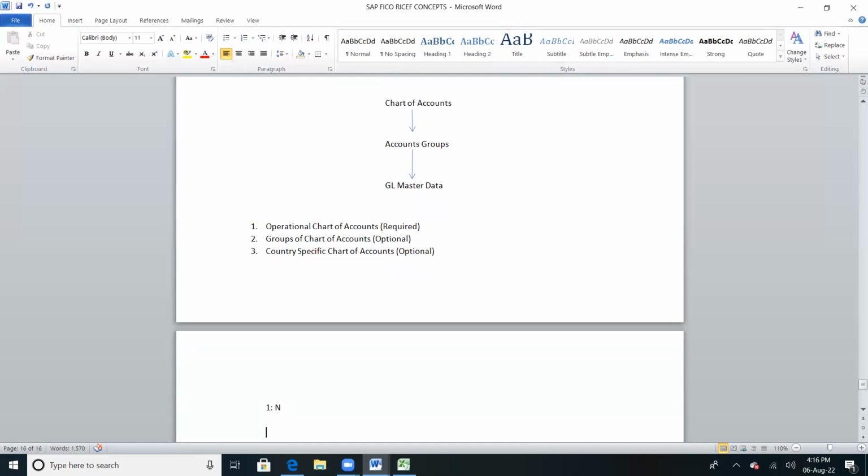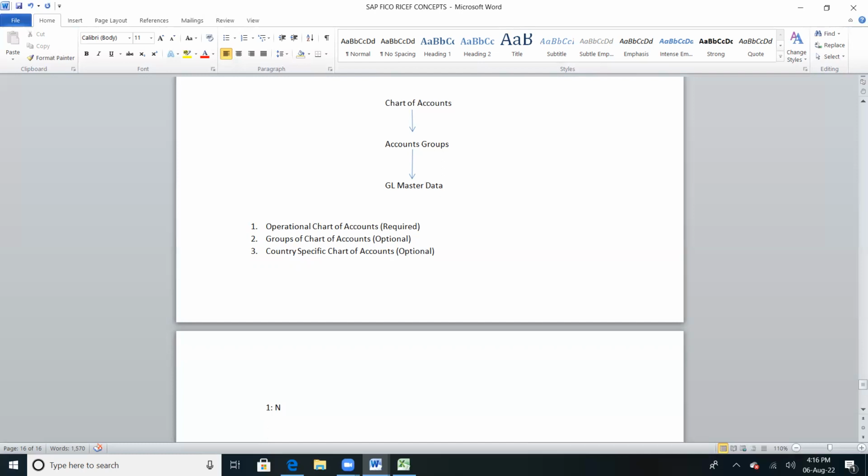We have different company codes, UT01, UT02 and UU01. How many company codes do we have? Three. The same chart of accounts we can use for all of them. That is called 1:n methodology: one chart of accounts can be used for n number of company codes. Clear, everyone?